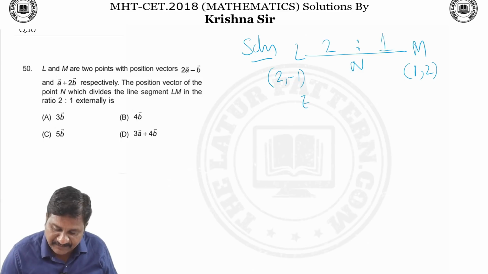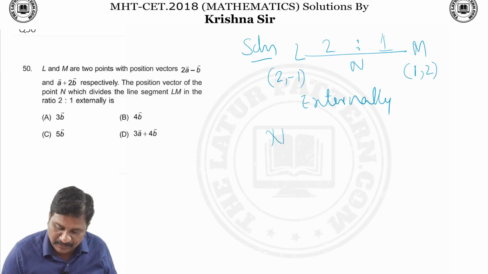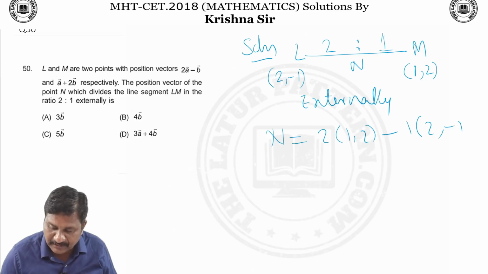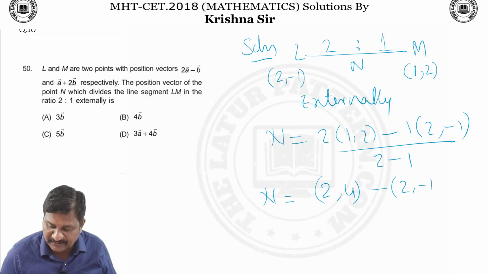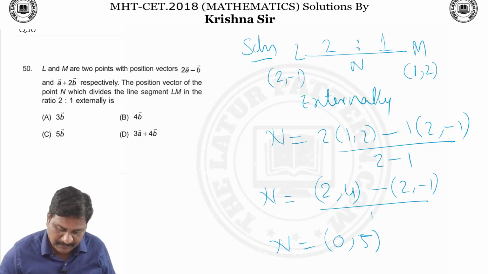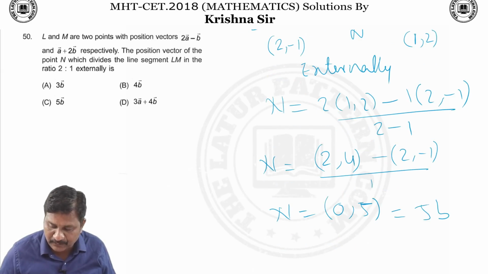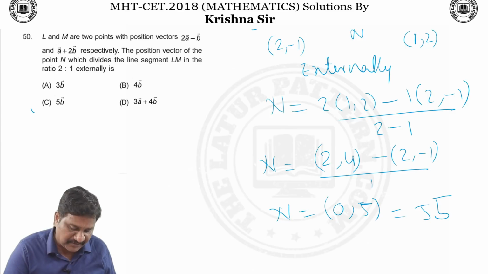So by the external division formula, N is equal to (2 into (1, 2) minus 1 into (2, minus 1)) upon (2 minus 1). So N is equal to ((2, 4) minus (2, minus 1)) upon 1. N is equal to (2 minus 2, 4 minus of minus, plus 5). In vector form, it can be taken as 5 into b bar. Therefore, from our options, the answer is C.